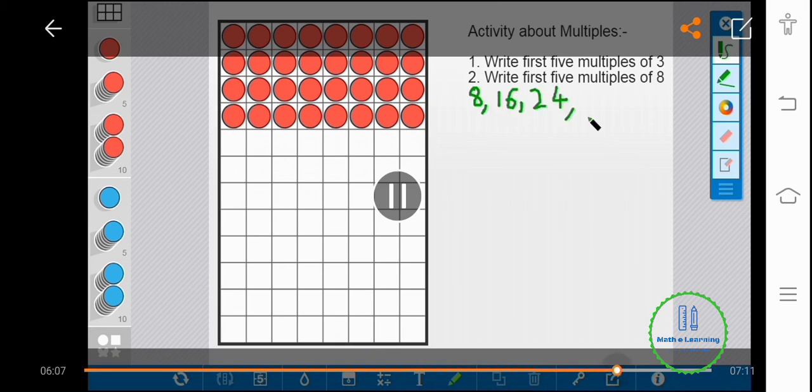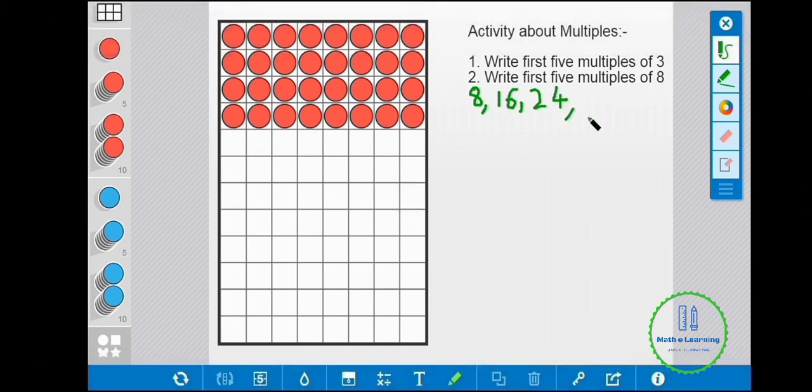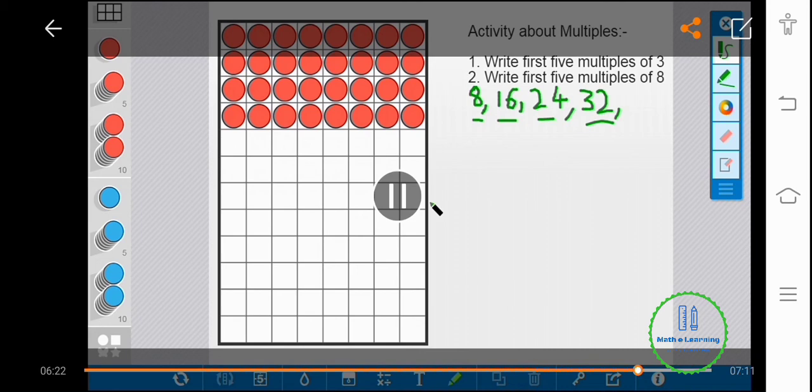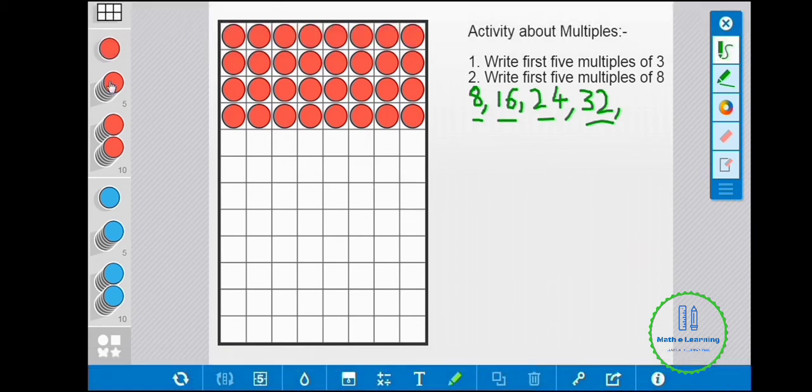And after filling the fourth, 32, and then after that we fill the fifth row because I want to find 5 multiples, first 5 multiples of 8. So I will fill the fifth row also.